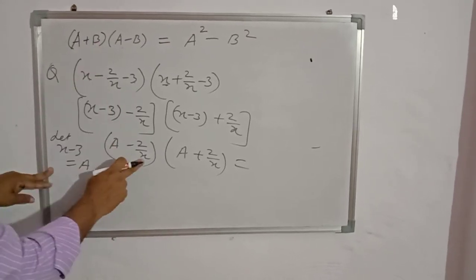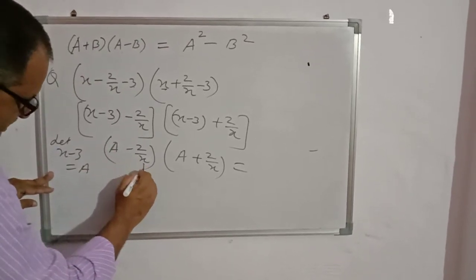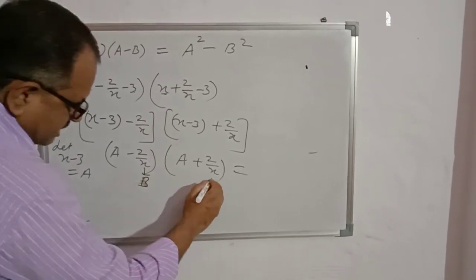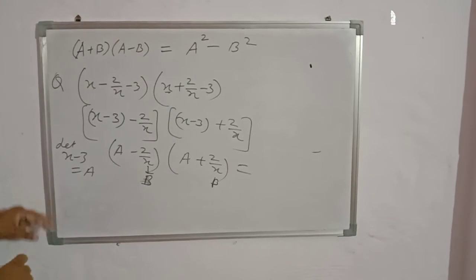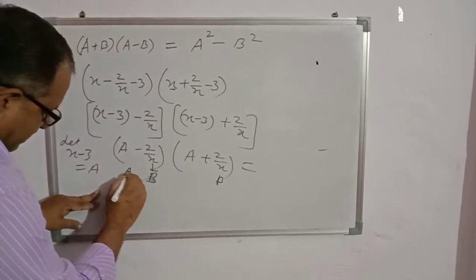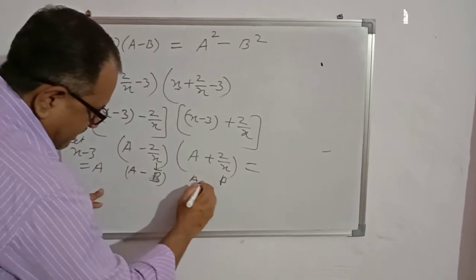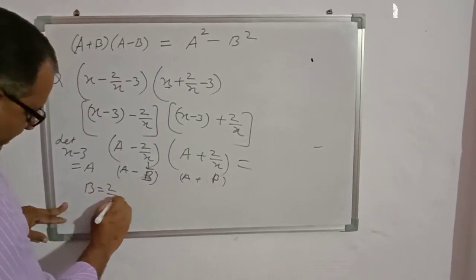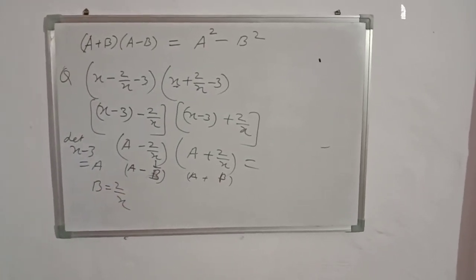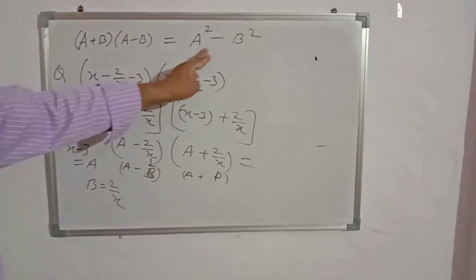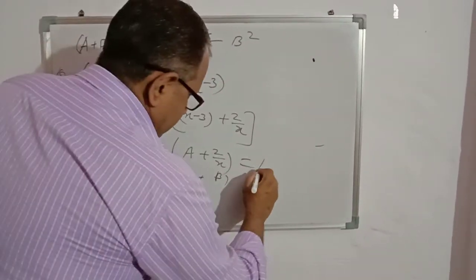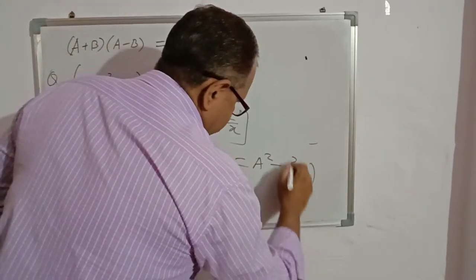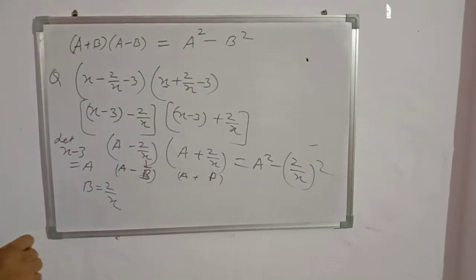What is in place of b? 2 by x. This part is b. So we can apply a minus b and a plus b, where b is 2 by x. So we can write what? a square minus b square. Write a square minus b, which is 2 by x, so we can write 2 by x whole square.